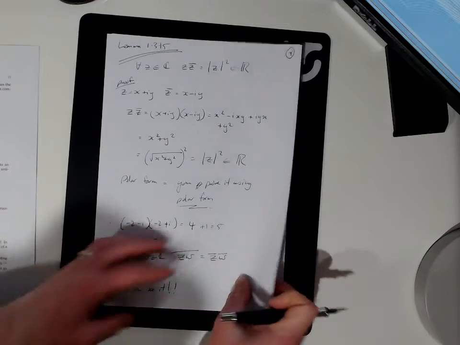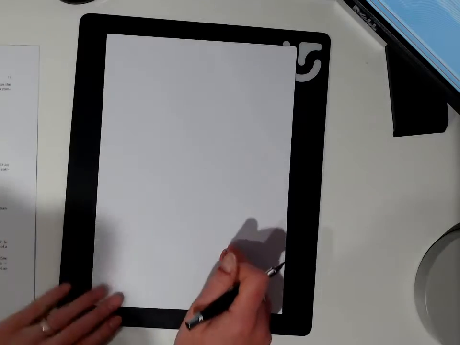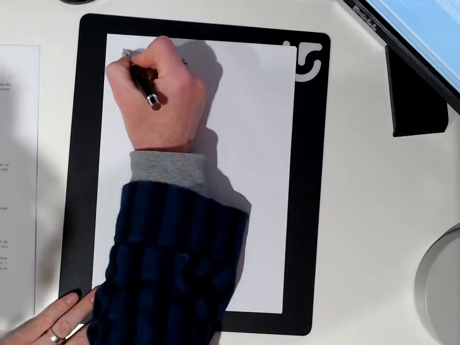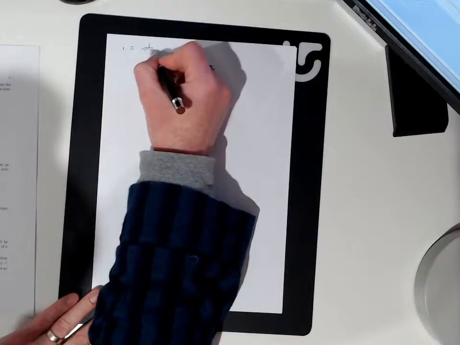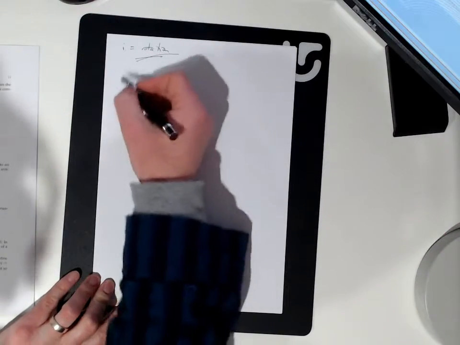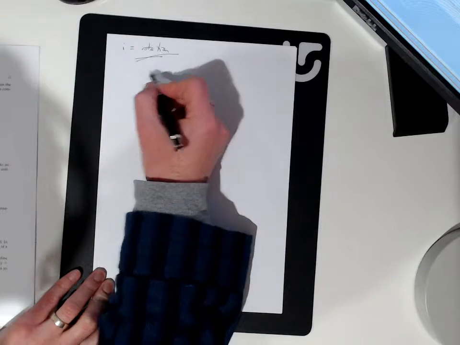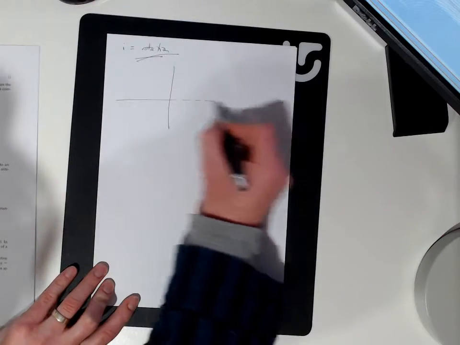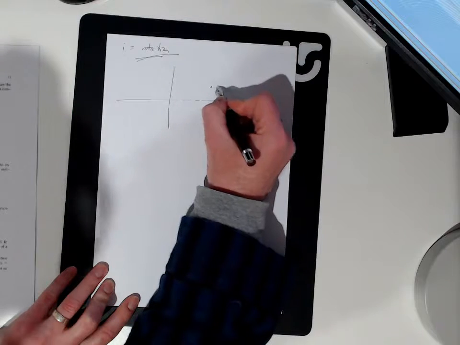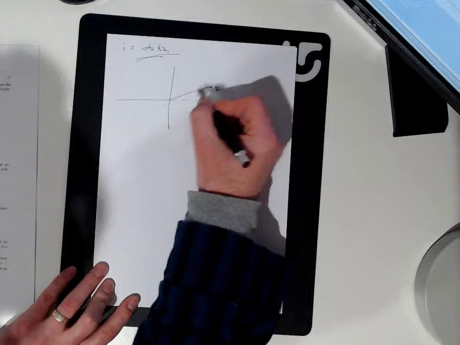Okay, so now we get to some geometry and another diagram, and this is where I justify what I said about i equals rotation. Thinking about the polar form of these, because this is much easier to figure out using the polar form.